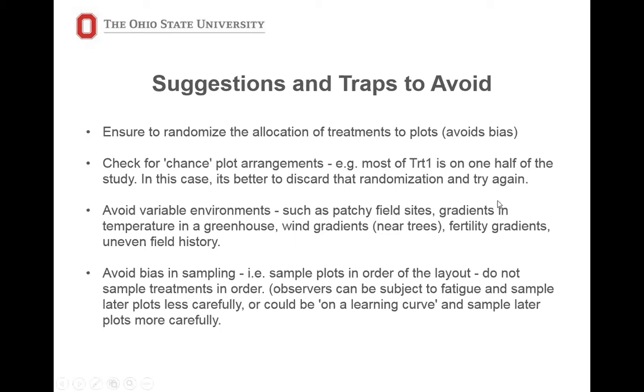We should try to avoid areas with known fertility gradients or an uneven field history. Maybe the prior year had different treatments, and we should, as much as possible, try to find as uniform a site as possible.